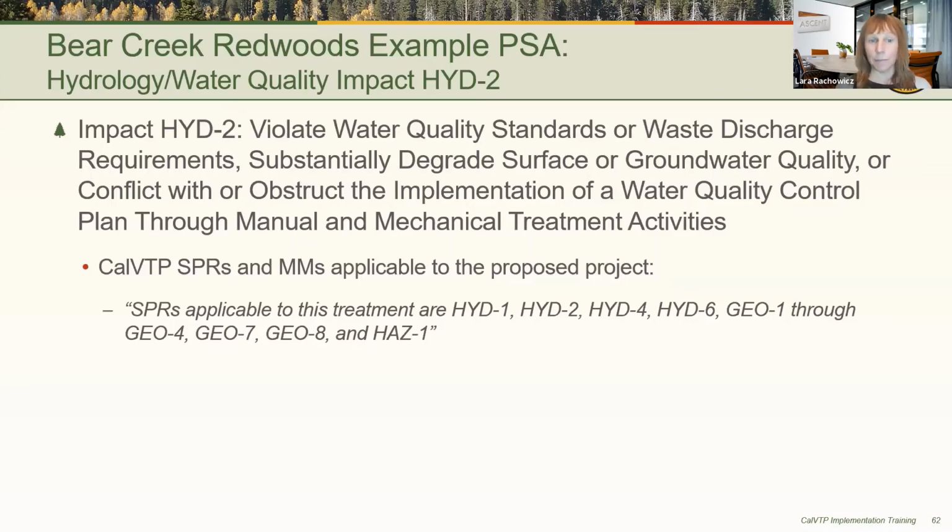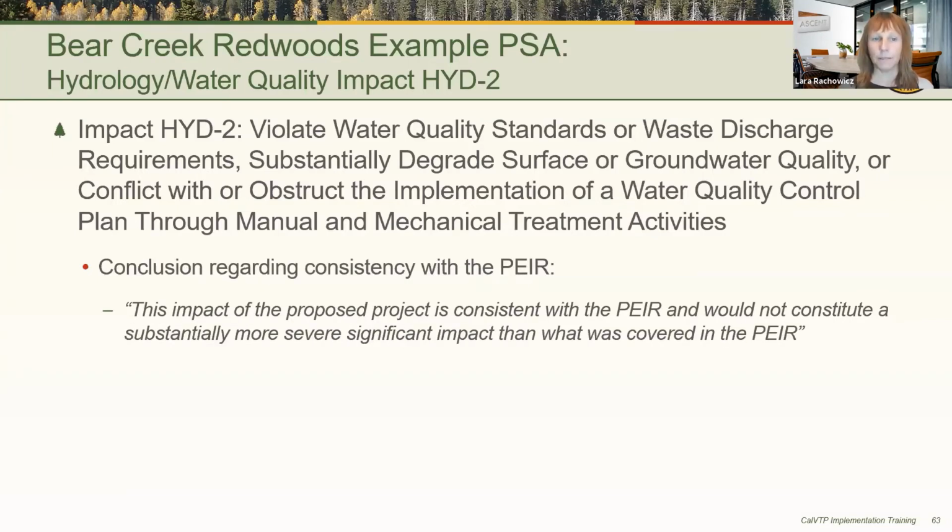The next step in the impact analysis is to include the CalVTP SPRs and mitigation measures that are applicable to the proposed project. For this example, there are several SPRs that are applicable to the project. And they're listed here. They're all aimed at avoiding and minimizing erosion, sedimentation, and pollutants entering waters. Next slide, please.